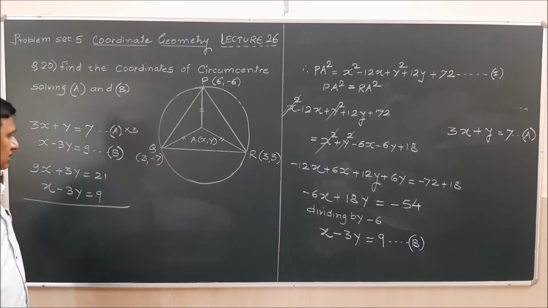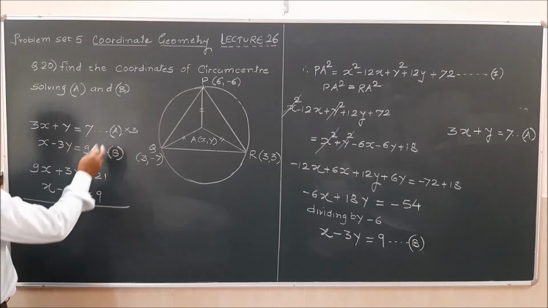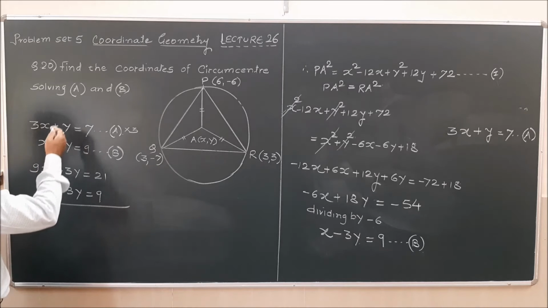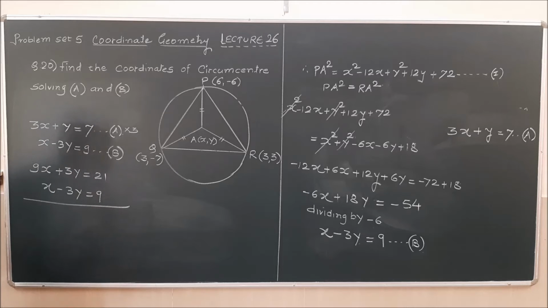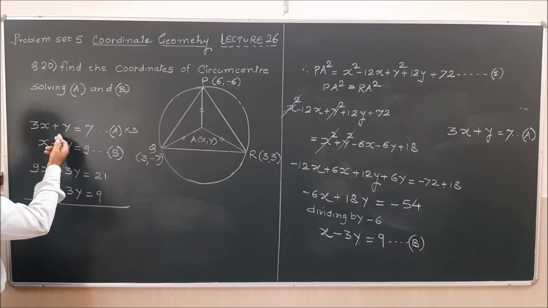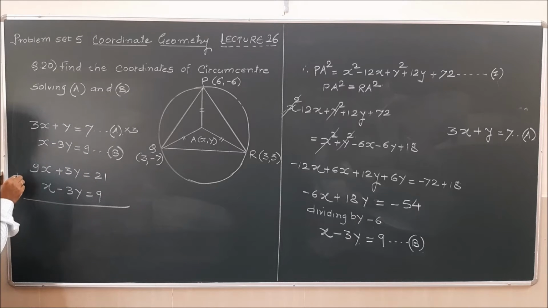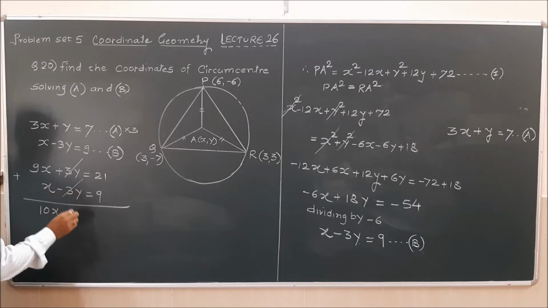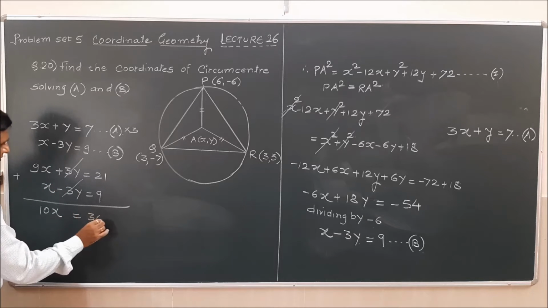Try to understand. I have multiplied the first by 3. 3 3s are 9x, so that I will get here 3y, and these two will be opposite sign, same coefficients, I can cancel it. So 9x plus 3y is 21. If I add this, 10x, these two will get cancelled, is equal to 30.